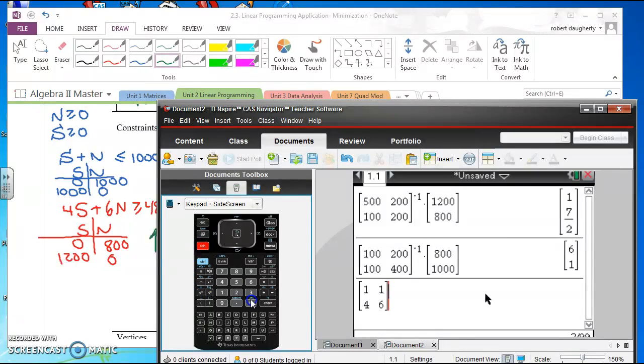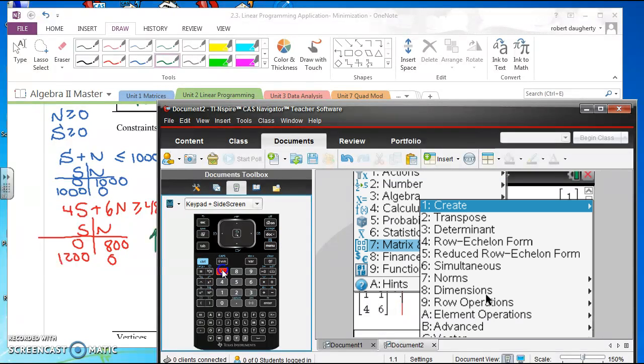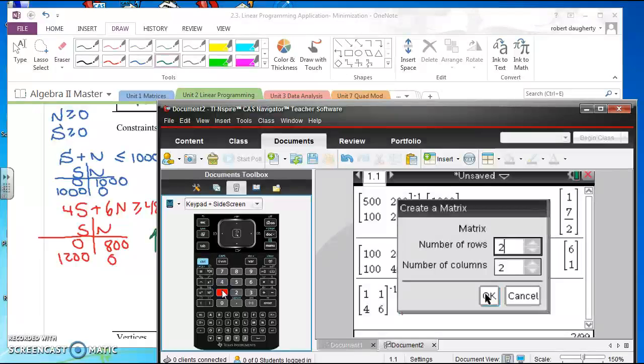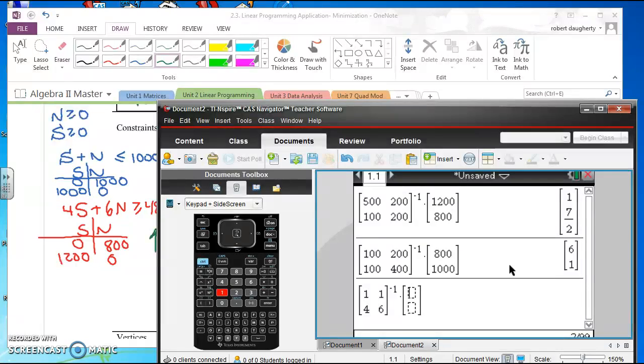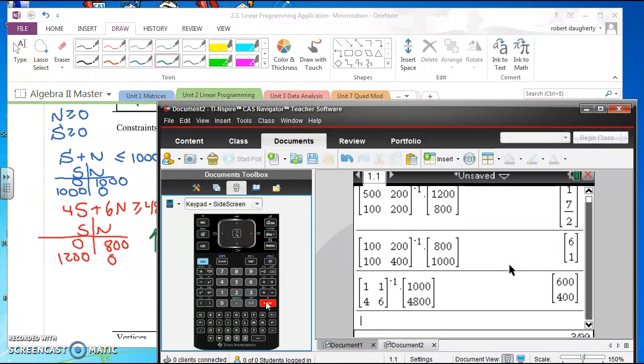I'm taking the inverse of that, and multiplying that by a new matrix, 1000, 4800. And that is 600, 400.